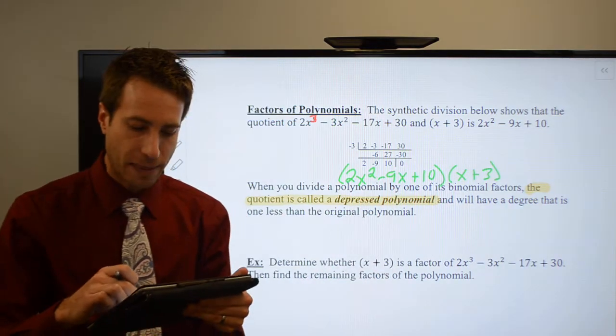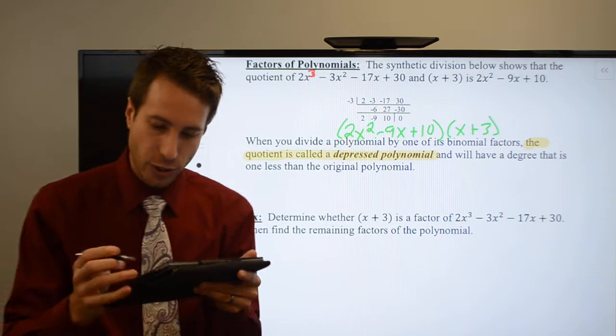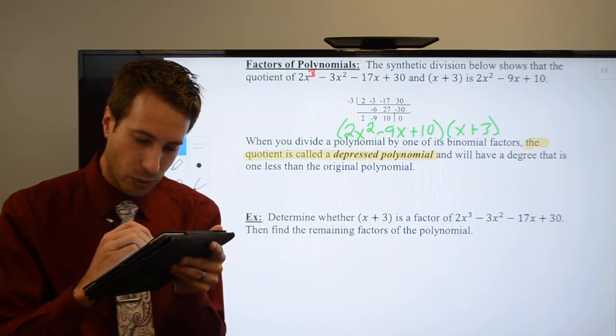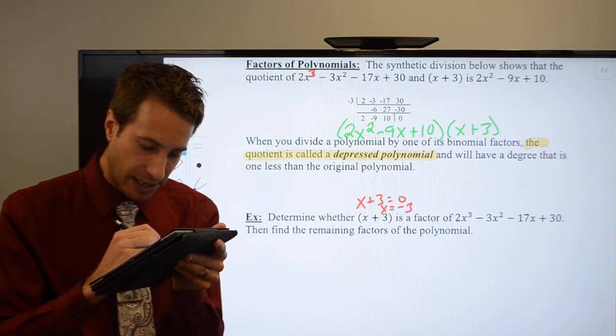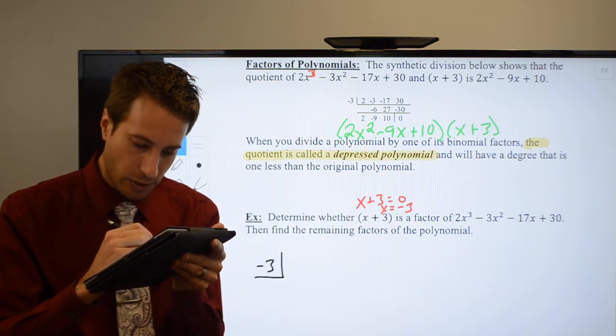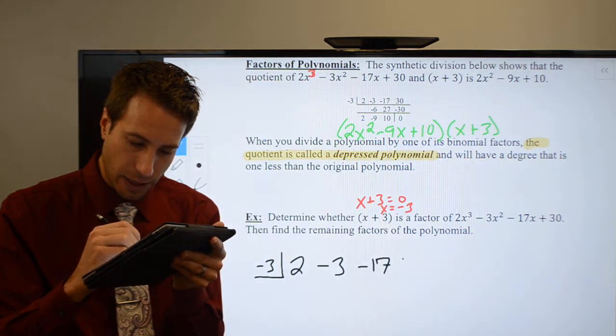So let me real quick do all of that again for you. Here's what you're going to do. You would set this x plus 3 equal to 0, which means x is equal to negative 3. You set up your synthetic division: negative 3, 2, negative 3, negative 17, 30.